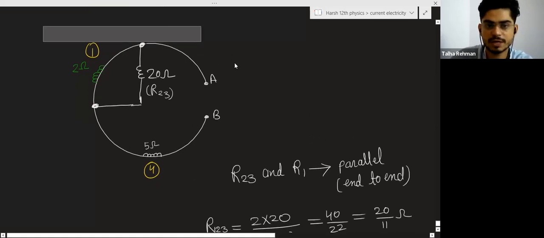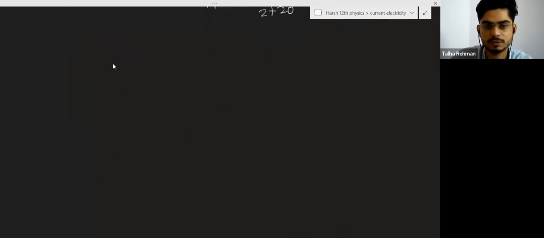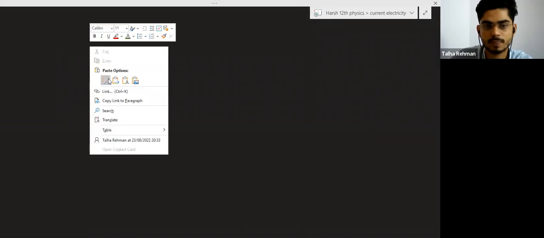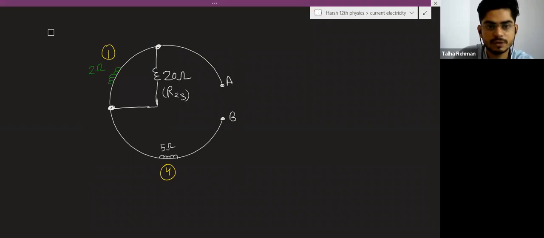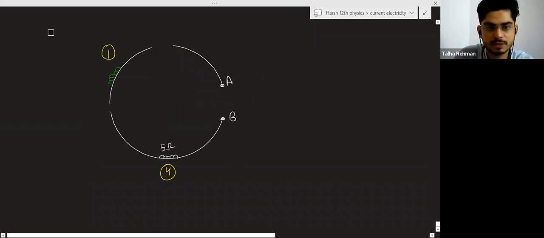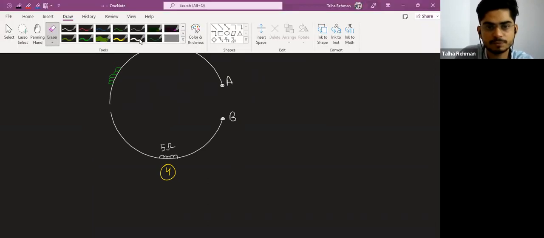So again, we will modify this circuit. We have just calculated the equivalent of this 20 ohm and 2 ohm. So I am removing this and connecting a single resistance of 20 by 11 ohm.